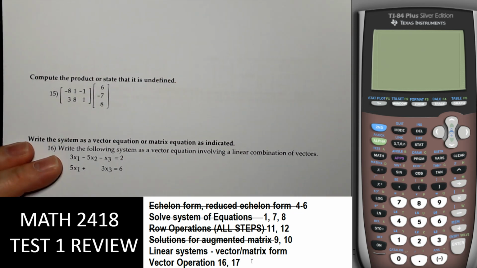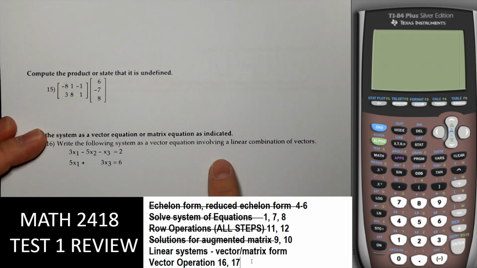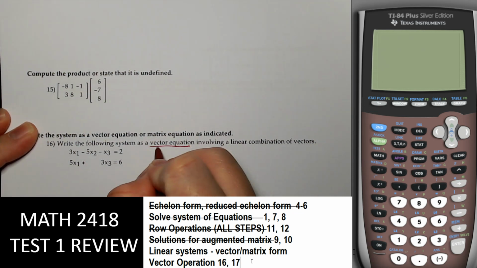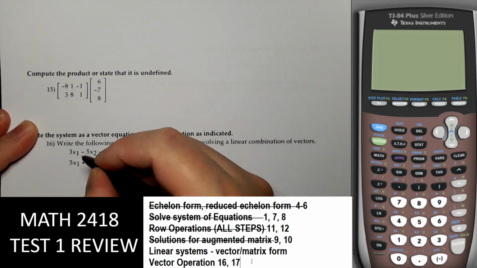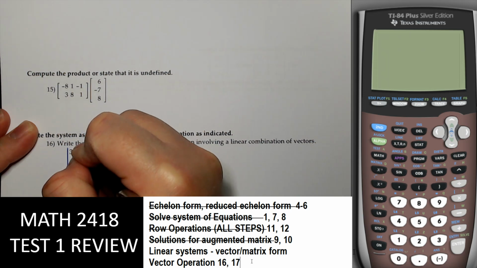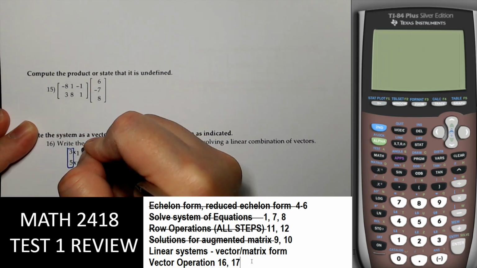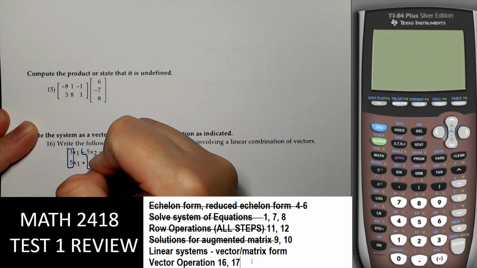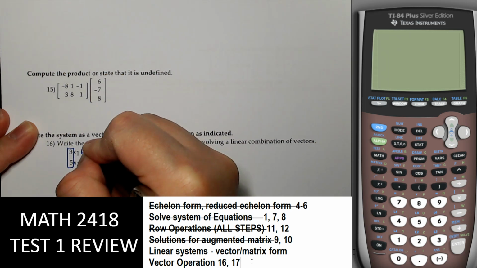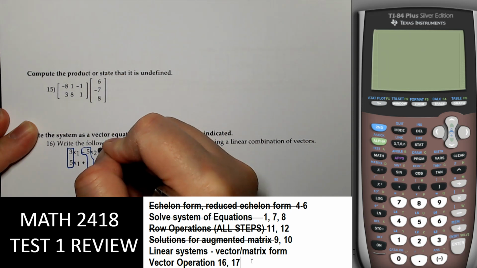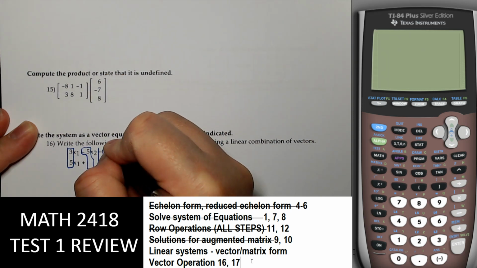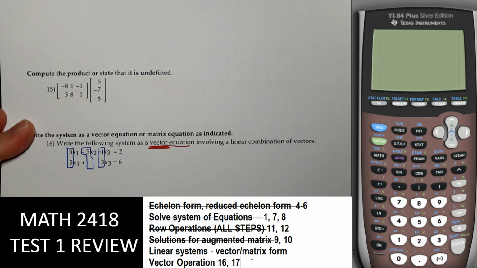So in the matrix form, the first one is a vector equation. So first we will look at the columns. 3 and 5, we have negative 5 and nothing here, can also put 0, and then negative 1 and 3. So those are the three coefficients, if you will, and we're going to put that in the vector.